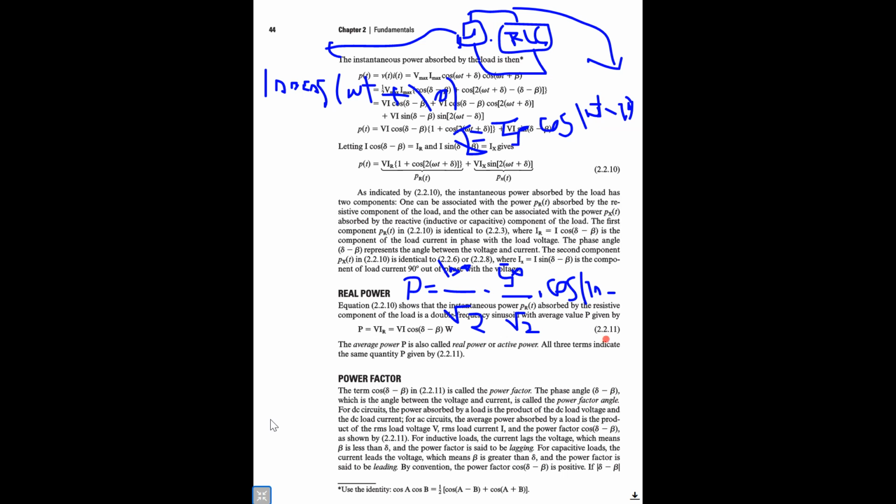So real power equals 100 divided by radical 2, 50 divided by radical 2, cosine of 10 minus minus 10, which will be 100 over radical 2, 50 over radical 2, cosine 20. If you compute this formula, you can reach the active power of this general RLC load. Okay, no problem.